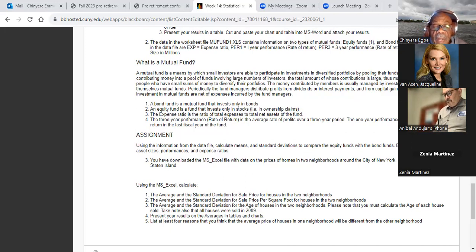So if you divide the standard deviation by the mean, you get something called the coefficient of variation, and that is used to measure comparative risk between equity funds and bond funds. But I'm not asking you to do that. You can intuitively say the equity funds have a higher level of deviation than the bond funds, but we didn't get into that in this class.